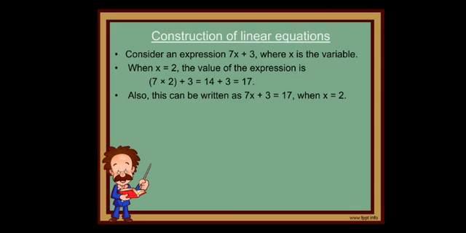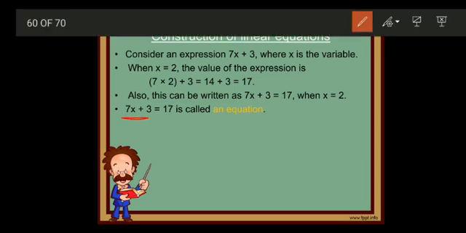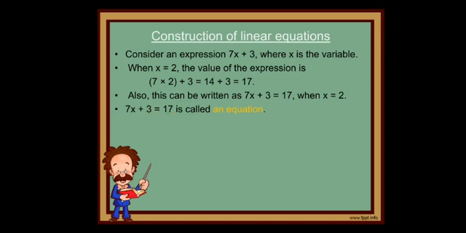This is called an equation, that is, 7x plus 3 is equal to 17 is called an equation. Why? Because an algebraic expression is equated to something. So when an algebraic expression is equal to some constant or another algebraic expression, that is called an equation. Any values for x other than 2 do not satisfy this equation. Suppose you substitute 3 in the place of x, you won't get 17.